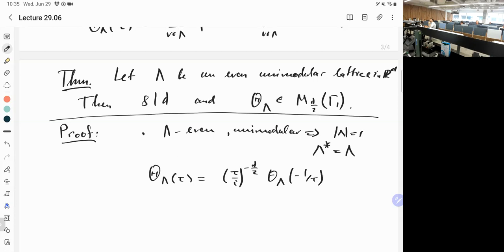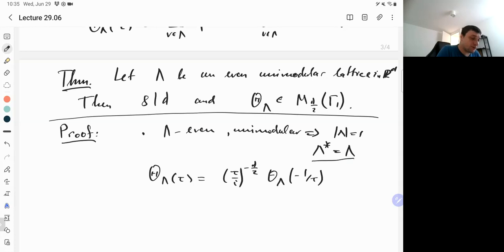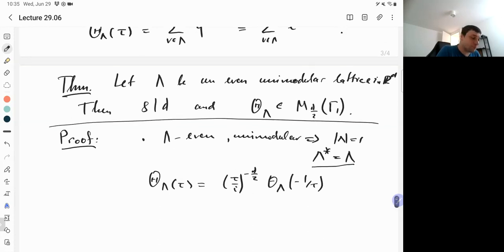Sorry, Danylo. Yes? Why is the lattice self-dual? Sorry if I'm being slow. This is a general fact: even unimodular lattices are self-dual, and even implies integral. You just look at the definition of the dual lattice. If the lattice is integral, its dual lattice contains the original lattice. But also, if you look at the covolumes, if the covolume is 1, then the dual lattice has the reciprocal covolume. So you get a sandwich between the two.